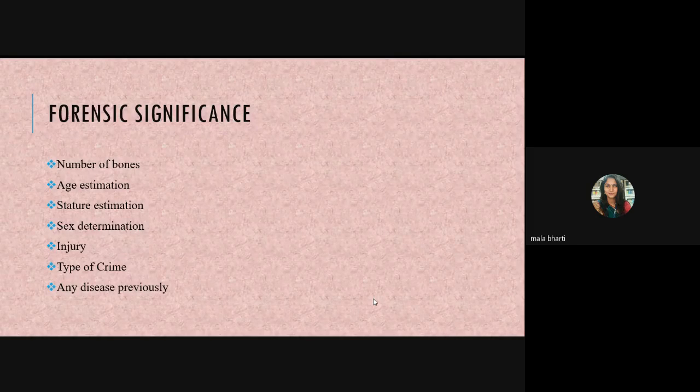So it gives us the opinion of the total number of bones present, right? Then the age estimation, stature estimation, sex determination, and any sort of injury which is present, be it an injury which happened before the death or after the death, so it can be perimortem, postmortem, or an antemortem injury which can be detected on the bone.